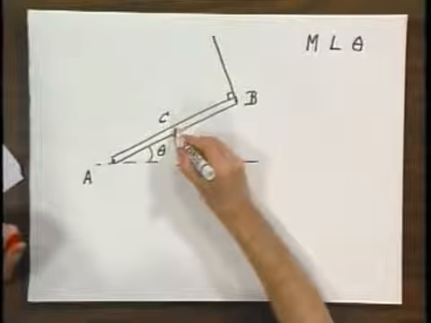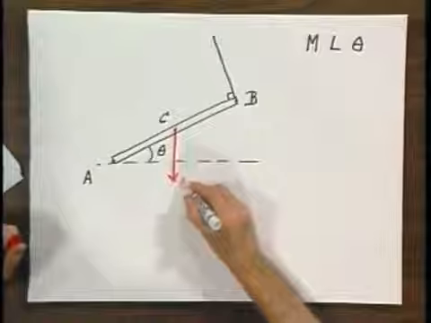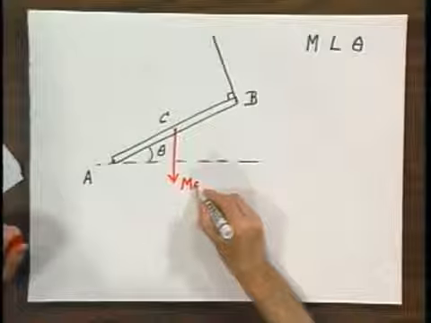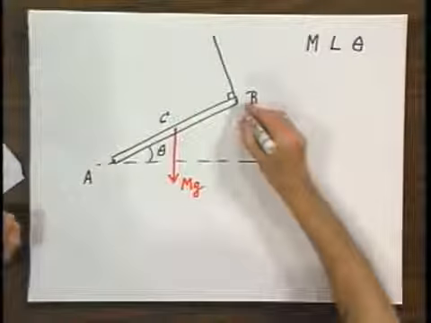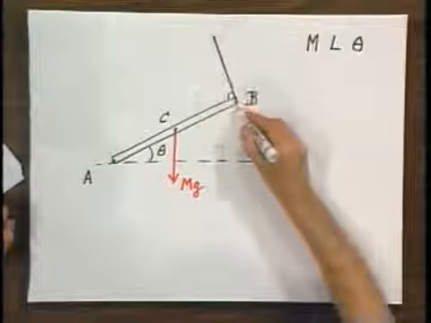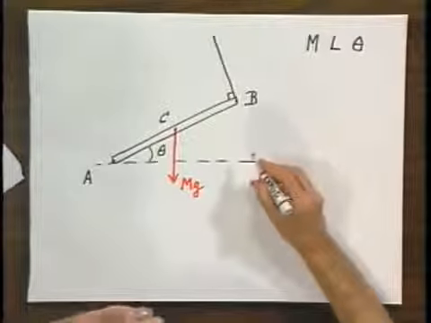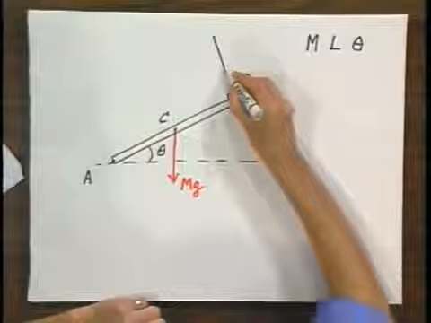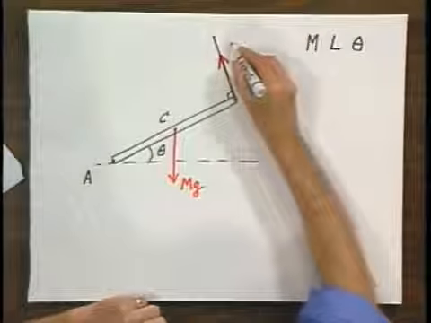Through the center of mass, we have the gravitational force mg. Right here, we have the tension in this massless string. Let this be the tension.